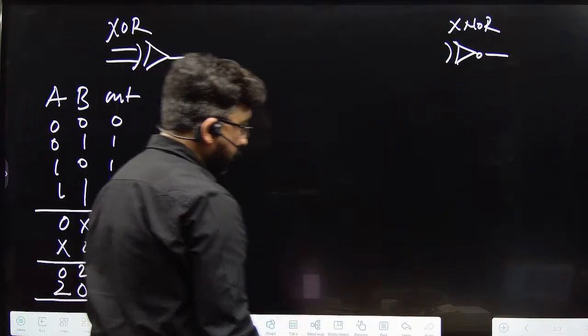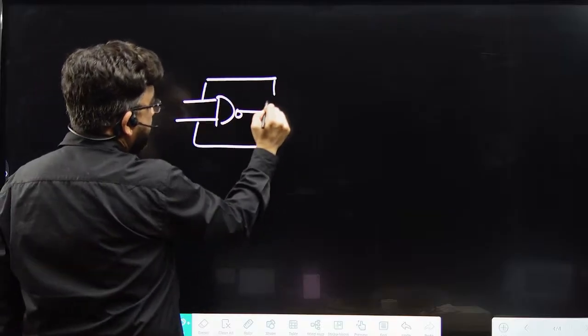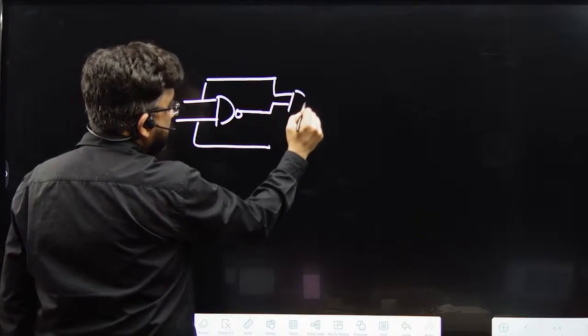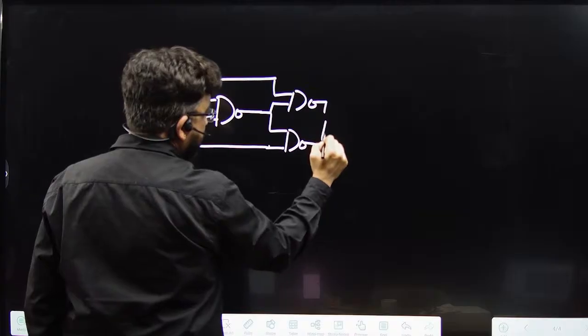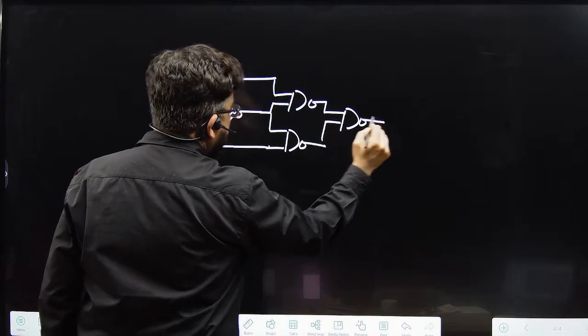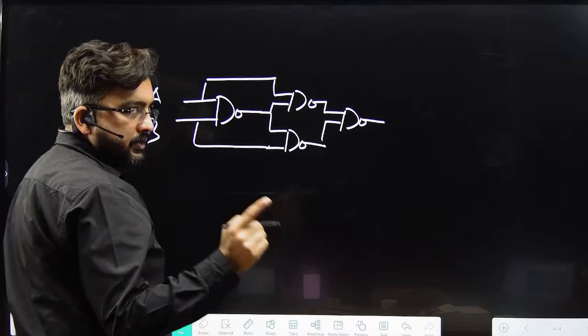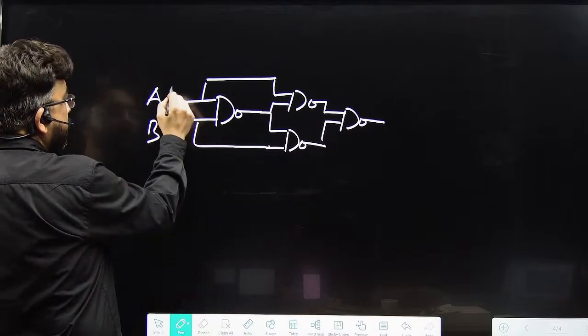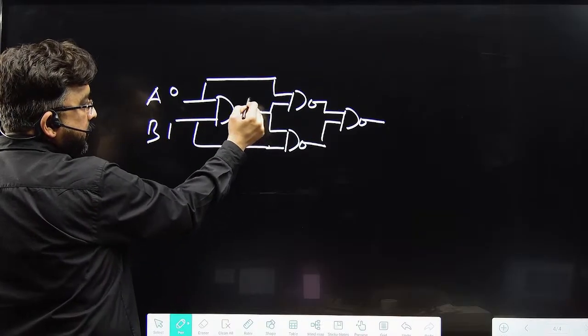So what I will do, I will take another separate page, and I will design the XOR with the help of NAND gate or a NOR gate. Very simple. This is an interview question. A and B. So if any input is 0 or 1, just take an example like this. 0 and 1, NAND means 1.